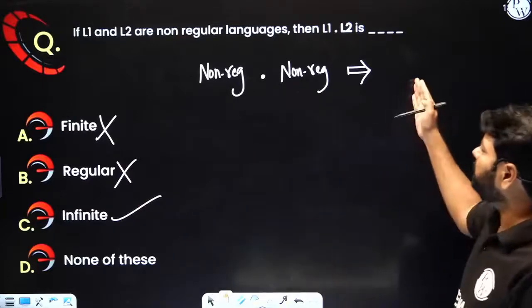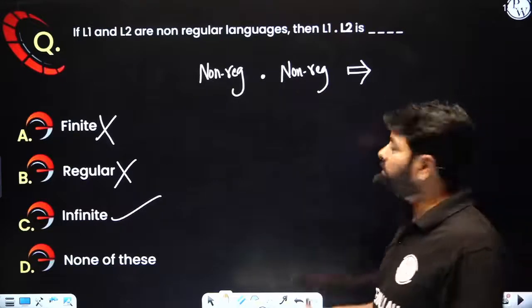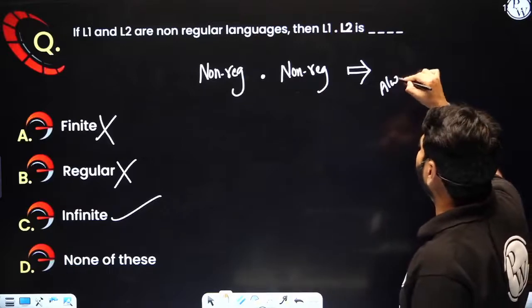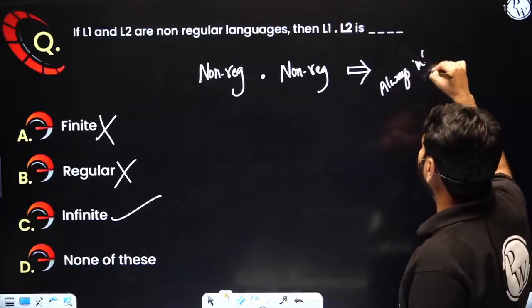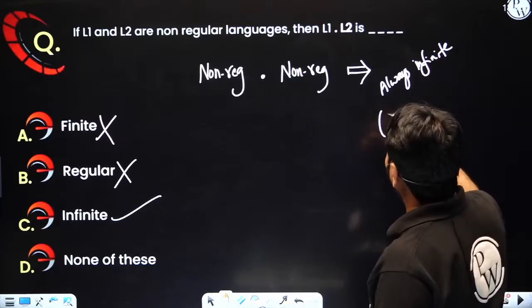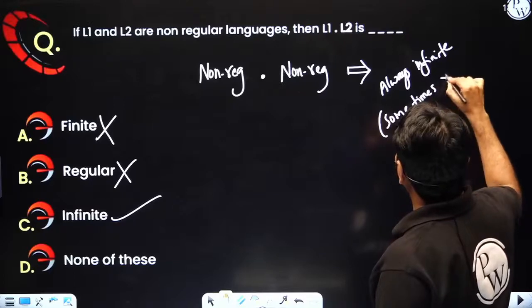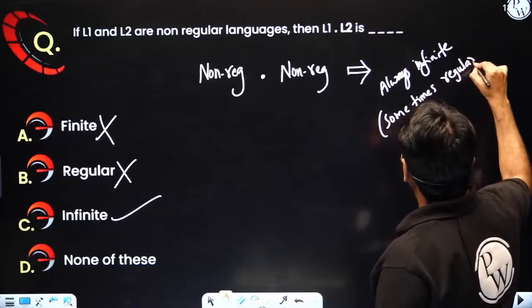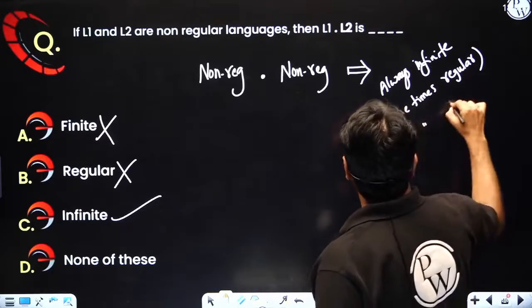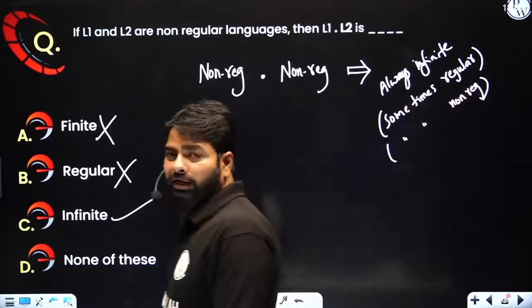One thing is guaranteed, it is always infinite, but sometimes you will see the answer is regular, sometimes non-regular. That depends on what examples you take.